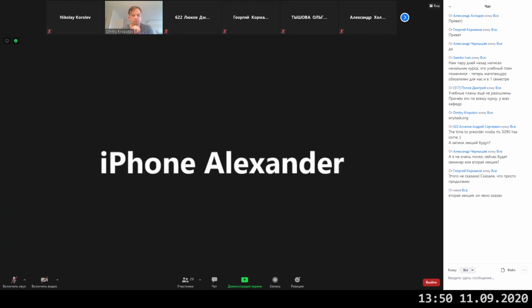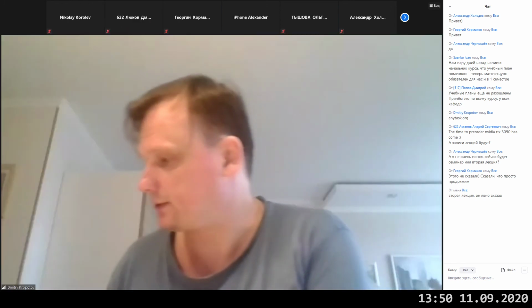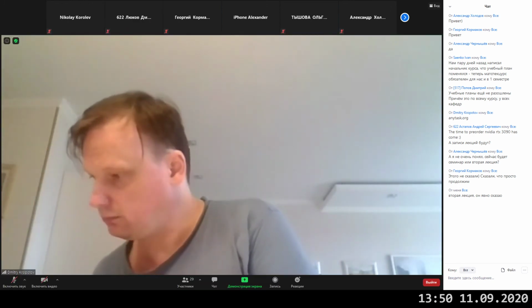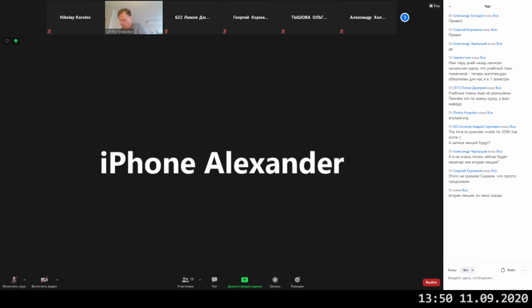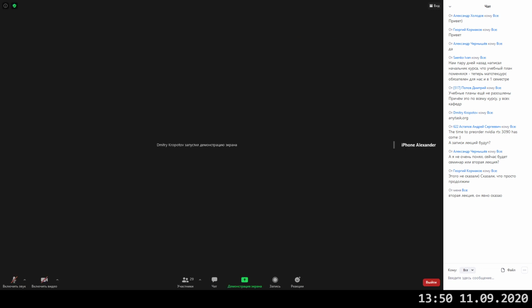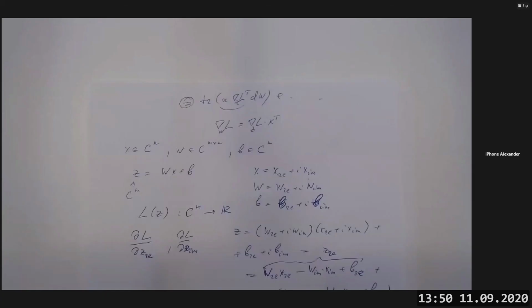Okay, I have a question about complex numbers. The last example. I didn't understand the key idea of this example. So you said that in PyTorch it's impossible to use complex numbers for automatic gradients, and so how did we solve it?